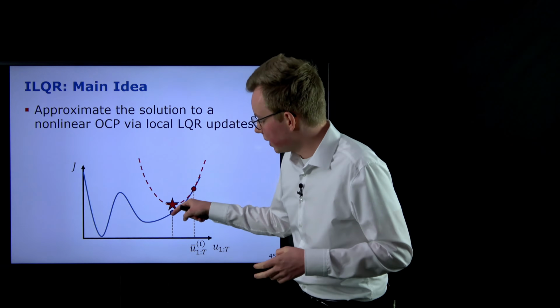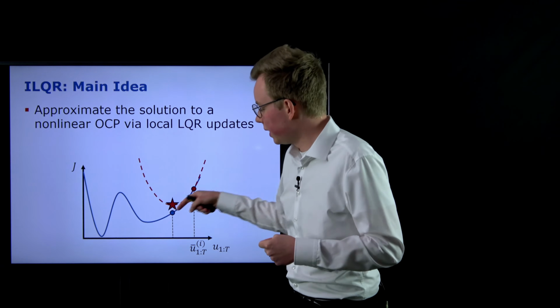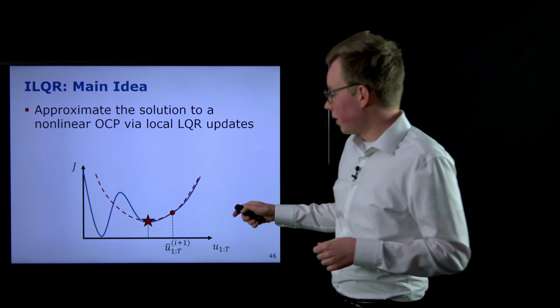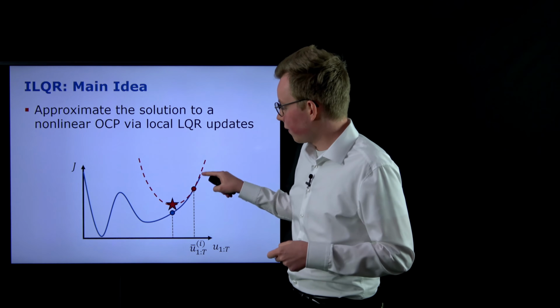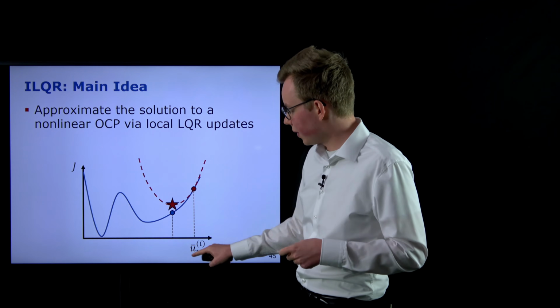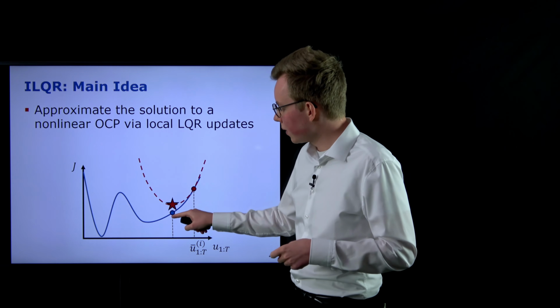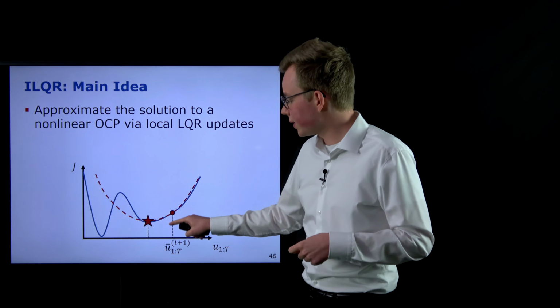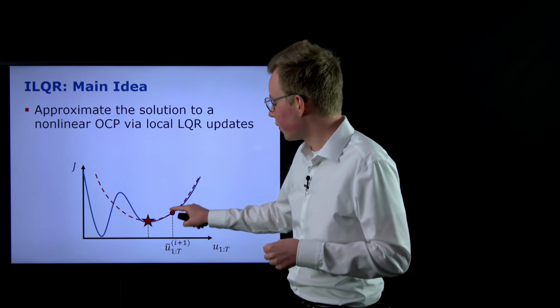And so this will take us in the direction of a local minimum. So we approximated the original problem about this red point, which is our operating point down here. And then we step to this next point. And so now our operating point is this new red point down here.